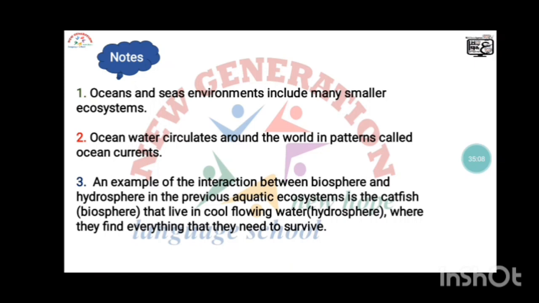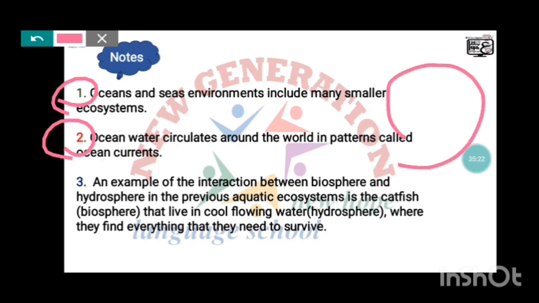We said that oceans and seas environments include many smaller ecosystems. Number two, ocean water circulates around the world in patterns called ocean currents. Number three, an example of the interaction between biosphere and hydrosphere in the previous aquatic ecosystems is the catfish.